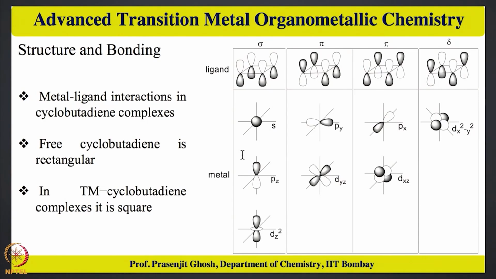In our past lecture, I gave a brief comparative perspective of how cyclobutadiene molecular orbitals compare with regard to butadiene as well as with regard to allyl systems, and today we are going to look at it in a bit more depth: which metal orbitals interact with which ligand orbitals of the cyclobutadiene ring.